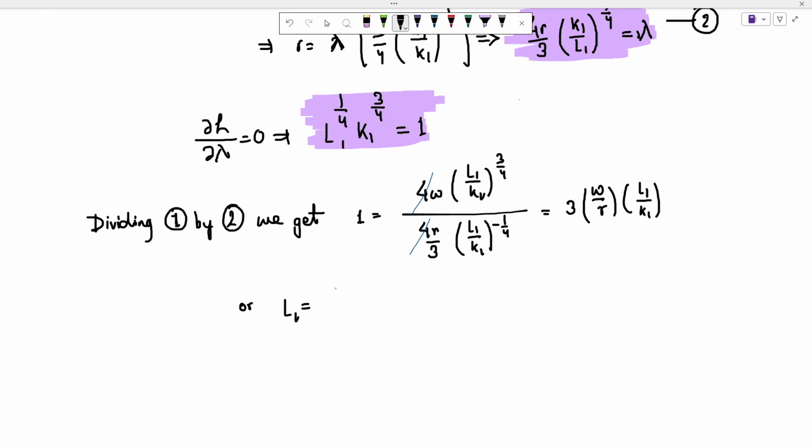So L1 equals R K1 by 3 W, so R K1 by 3 times wage, right.